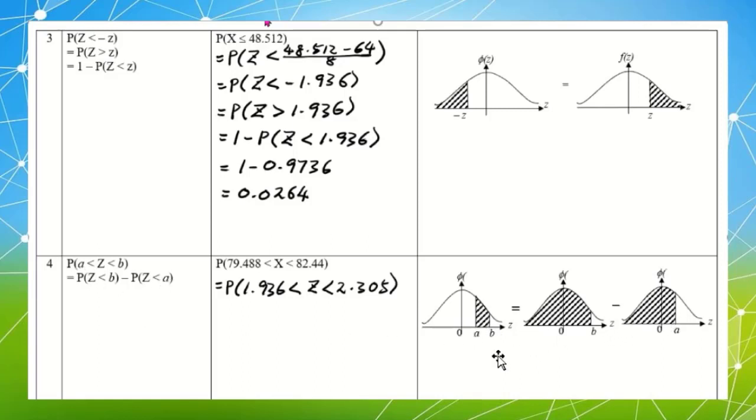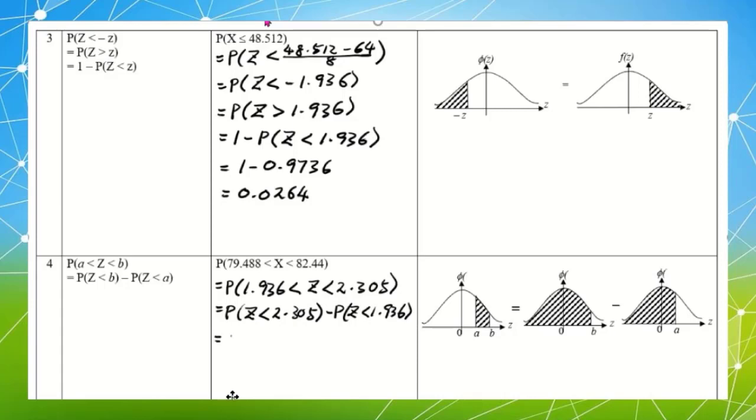It is because when we look at this diagram, in order to find the area in between A to B, I can use the area less than B minus the area less than A. So therefore, when I separate this inequality, I get z less than 2.305 minus probability z less than 1.936. Now I'm ready to use the table.